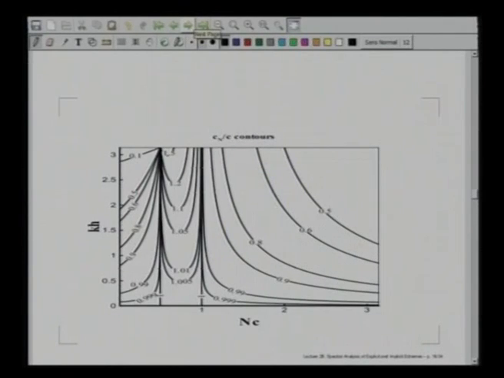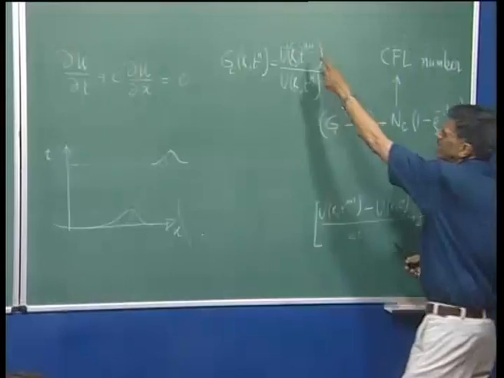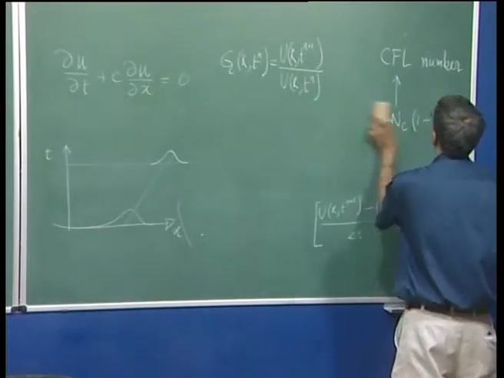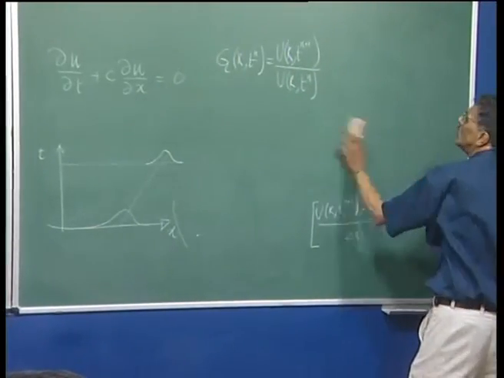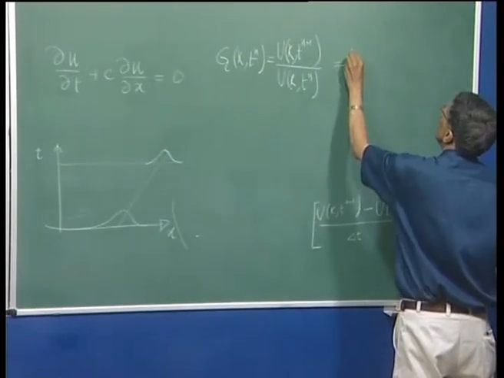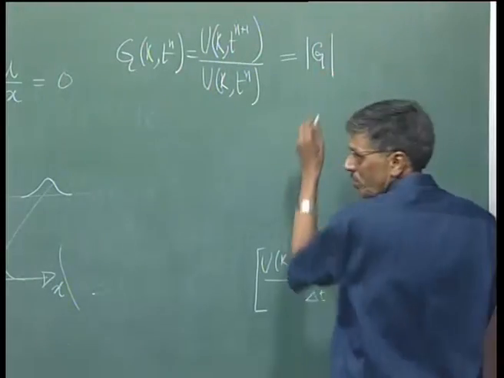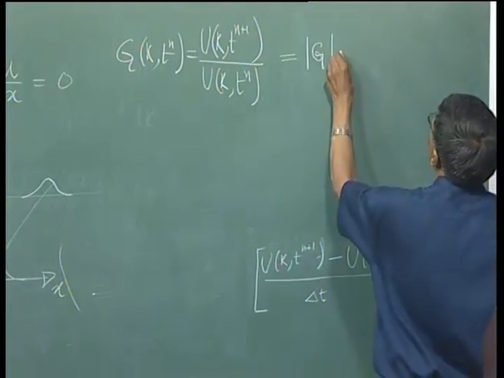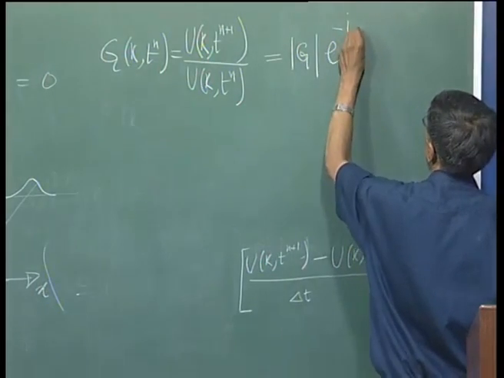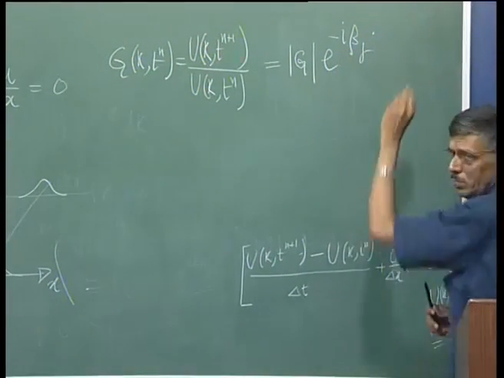Then we can plot this C n by C. Basically what we have written down here is G as given here. This could also be written in terms of the modulus of G, which is what we plotted in the previous slide, and then we can also get its phase, which I write as beta j.